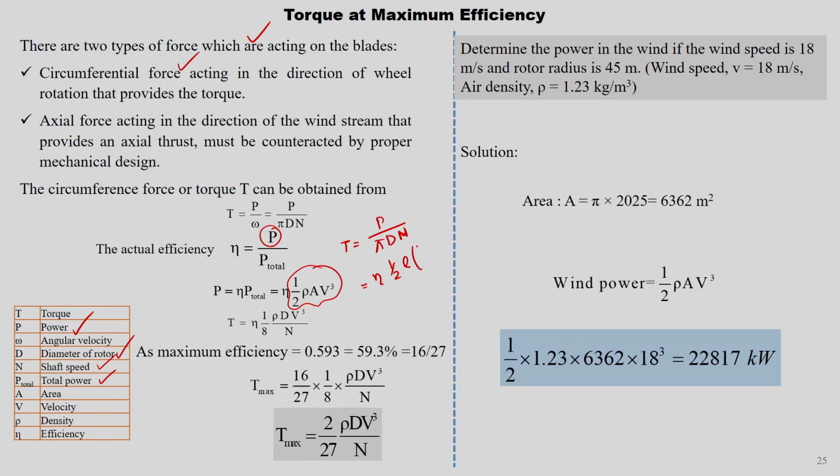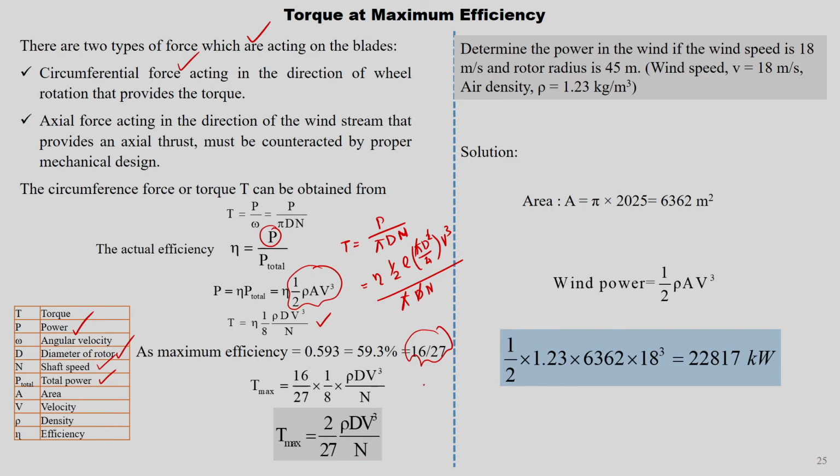This A I will write as pi d square upon 4, into V cube, divided by pi d n. So pi gets cancelled, one d cancels, and n would be there. So, 1 upon 2 into 1 upon 4 gives 1 upon 8: eta times 1 upon 8 rho d V cube upon n.